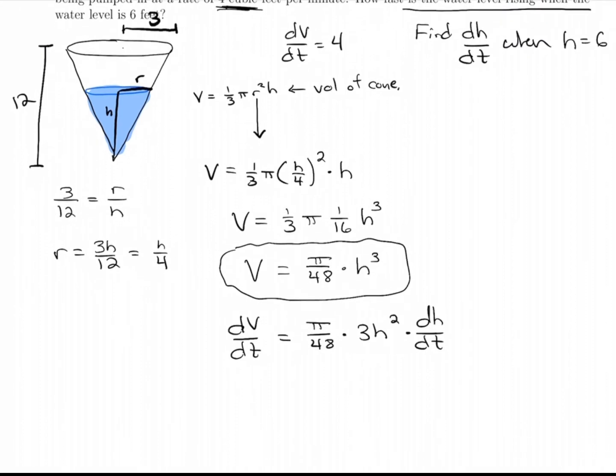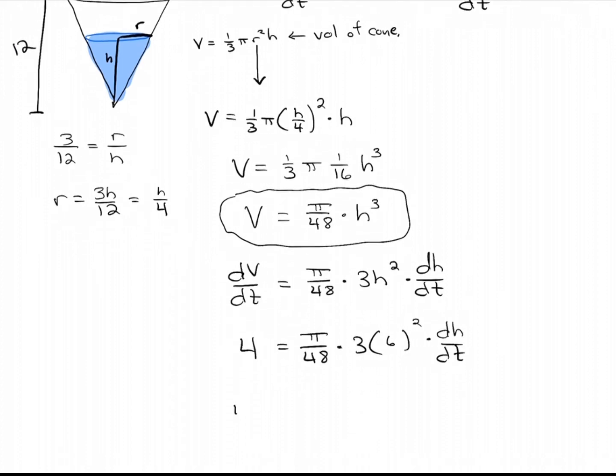dV dt is 4. We get pi over 48 times 3h squared. h is 6, and dh dt is what we're trying to find.